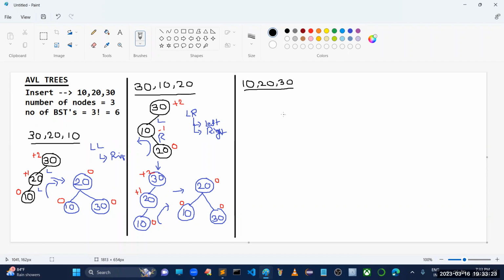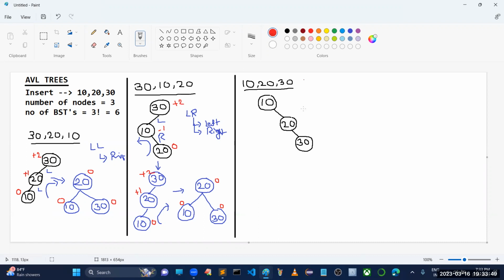Now here I'm going to take 10 as my root node, right? First we have to take 10 as the root node. Next, 20 will become the right child. It is going to be inserted in the right child. Next, 30 will become the right child to this.